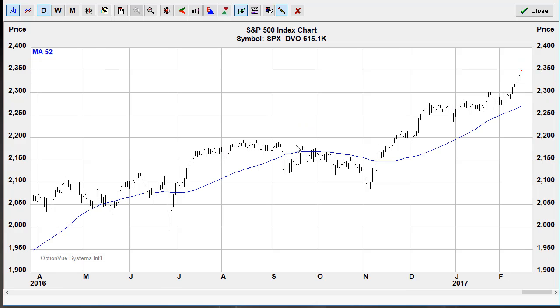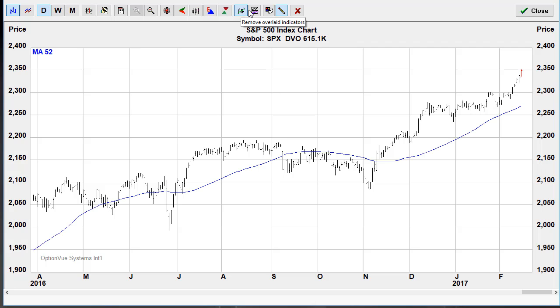If we look at that on a daily time frame, you can see that's a 52 moving average on the day chart. A 52 moving average for the prior 52 days is a lot different. All right, so let me show you this, and I'll illustrate this.